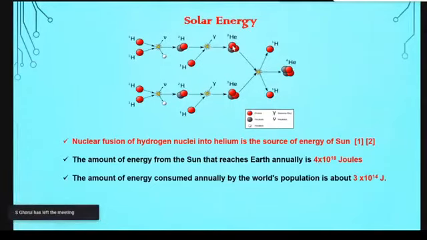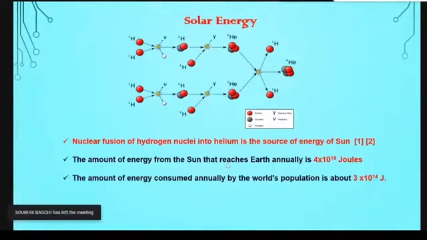And you can see here that the amount of energy from the sun that reaches earth annually is 4 into 10 to the power 18 joules, and the amount of energy which is consumed annually by the world population. This is old data. Maybe there will be some variation in this data, but you can imagine just by comparing these two data, what amount of energy you are receiving and what is your energy consumption annually.